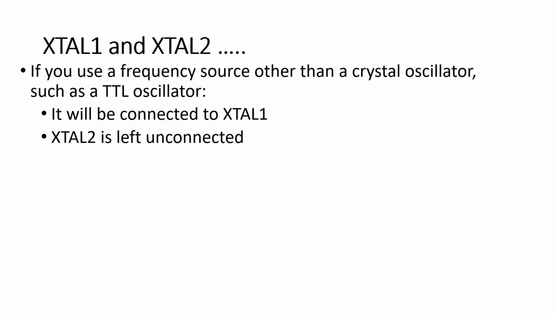If we make use of a frequency source other than the crystal oscillator, such as a TTL oscillator, it will be connected to external 1, and external 2 is left unconnected. So I repeat, if I make use of any oscillator apart from the crystal oscillator, I make use of only external 1; external 2 is unconnected.